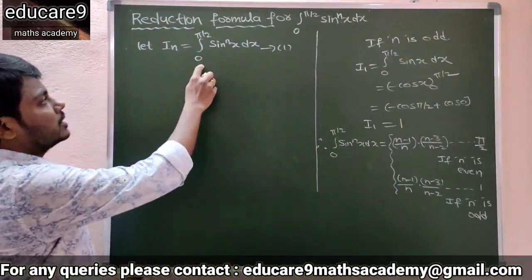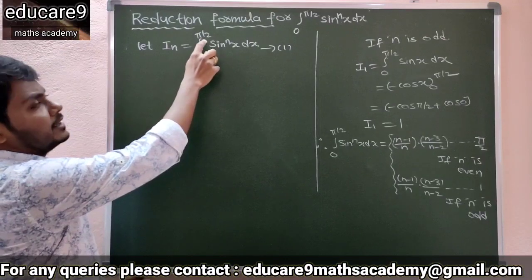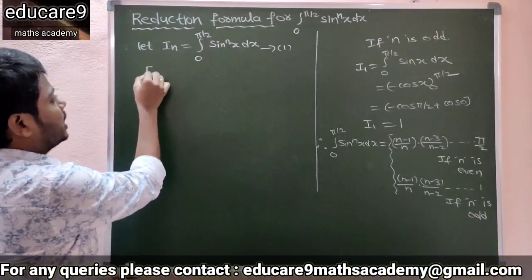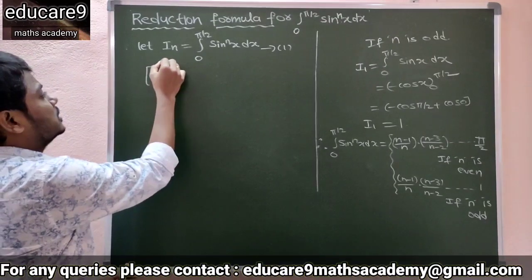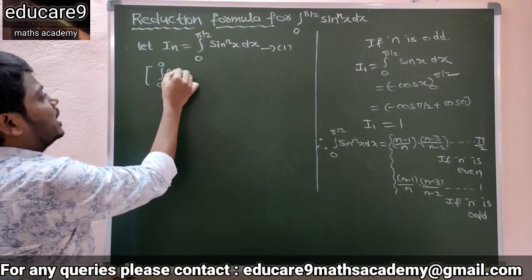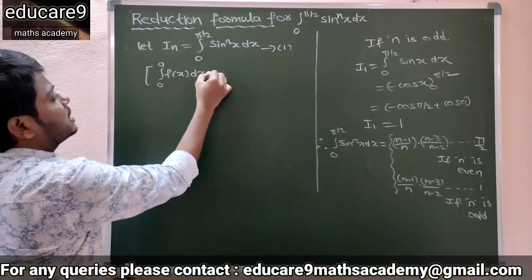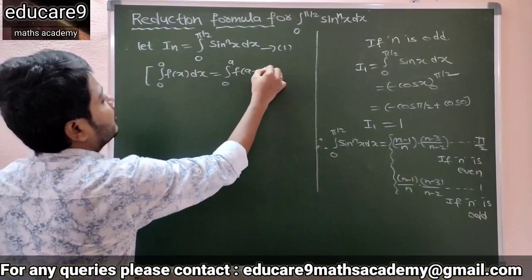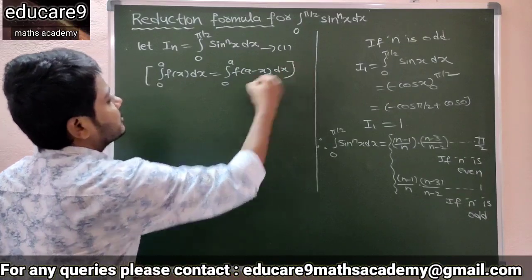So see here, the value is the integral from 0 to pi by 2 of sin^n x dx. Here apply the property, that is the integral from 0 to a of f(x) dx is what? The integral from 0 to a of f(a minus x) dx.